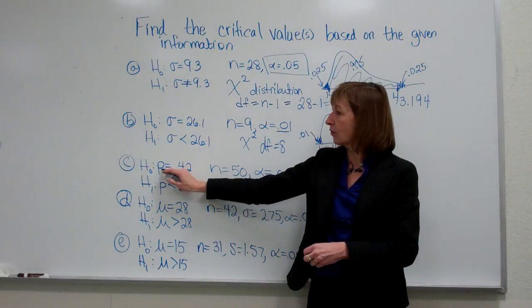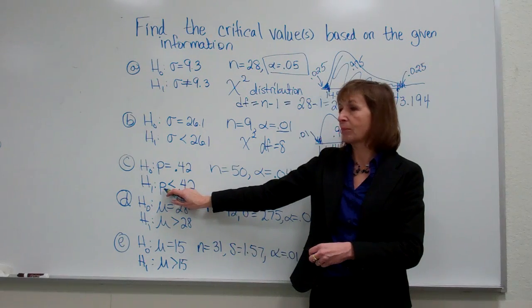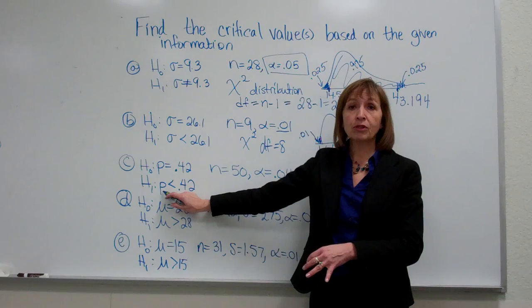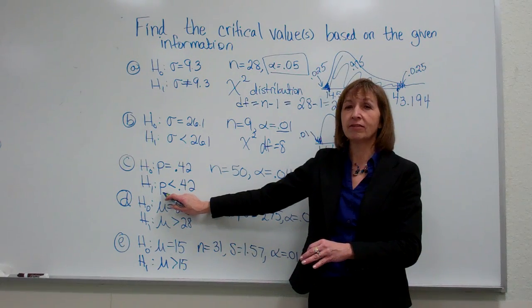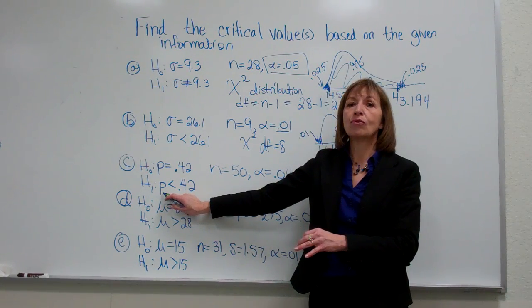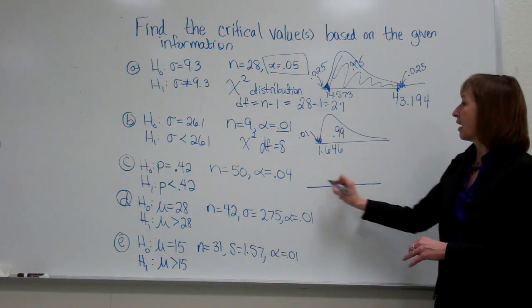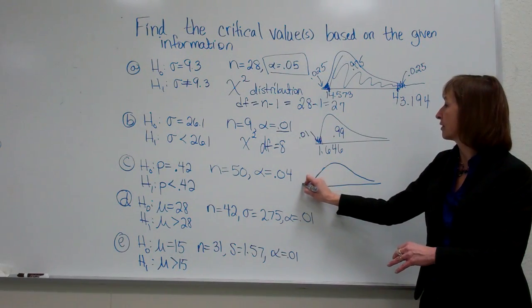In part C, notice the population parameter that we're doing in this hypothesis test is the population proportion. Now the population proportion's distribution, as long as n times p is greater than or equal to 5 and n times q is greater than or equal to 5, is the normal distribution. So I'm going to draw now a symmetric curve for my normal distribution.